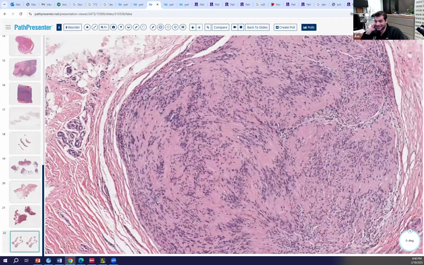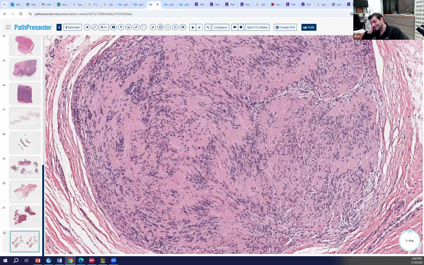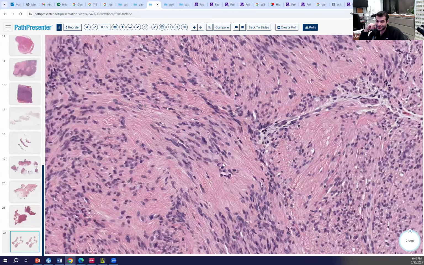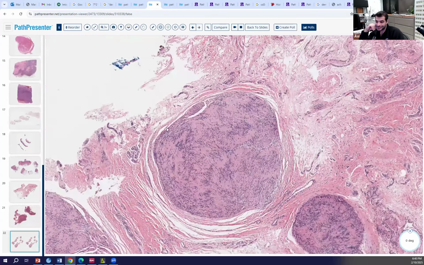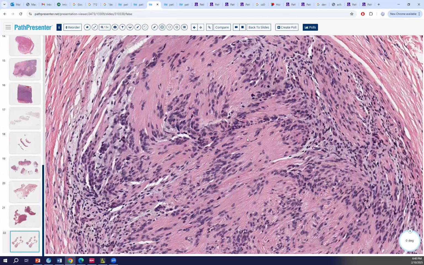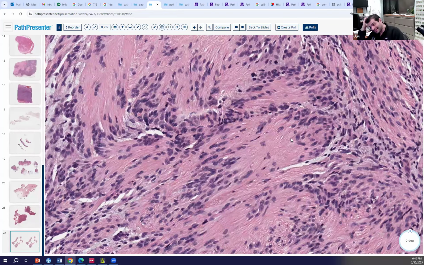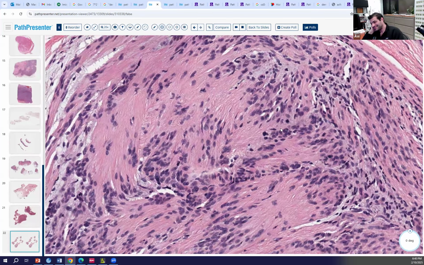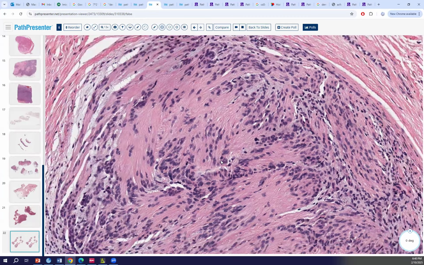Okay, you recognize this, don't you? Is that encapsulated? Well, one second. Just what does this look like? Looks like a schwannoma.